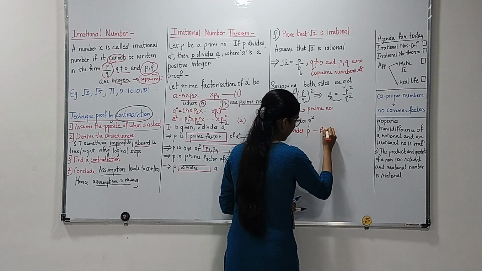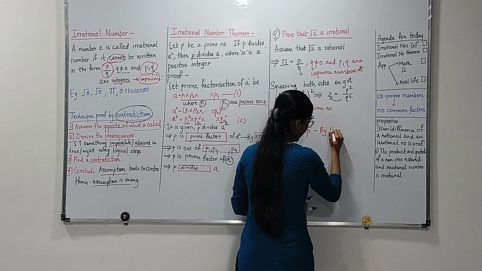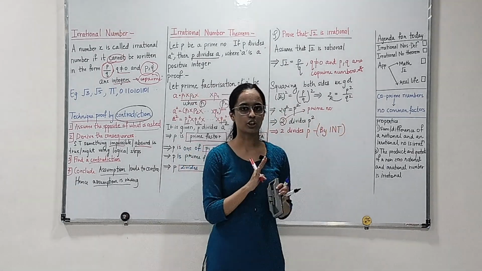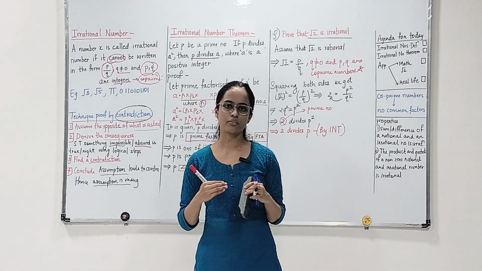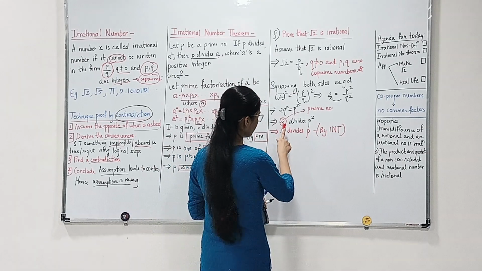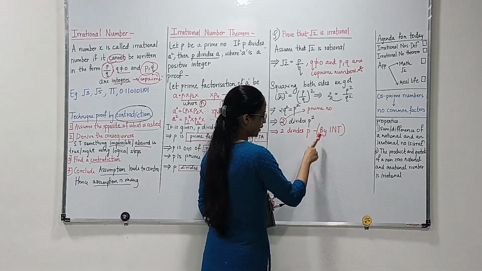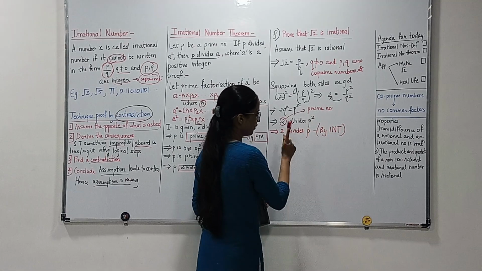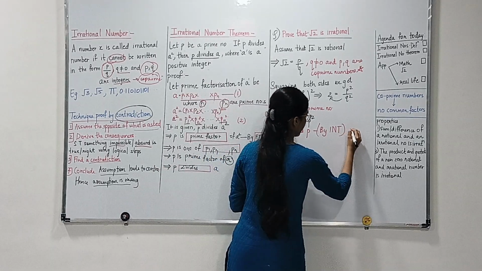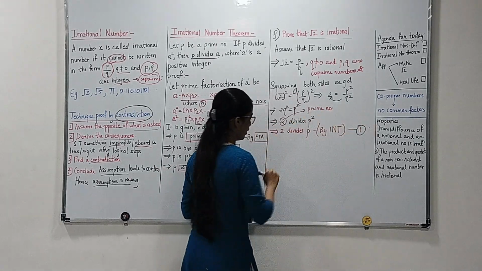This is by the irrational number theorem. It is advised not to use any kind of shortcuts while writing answers in your paper. So if 2 is going to divide P square, then by the irrational number theorem, 2 divides P as well. Now keep this as equation number 1.